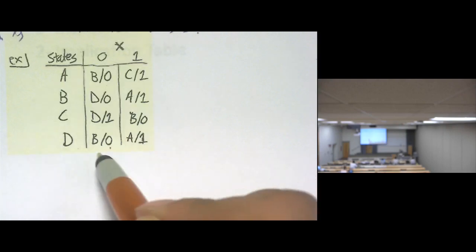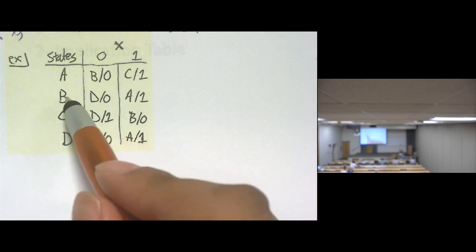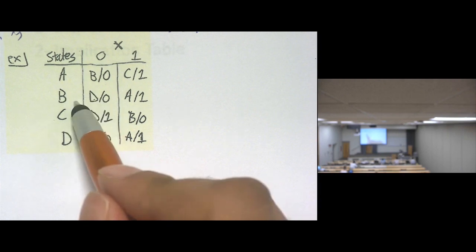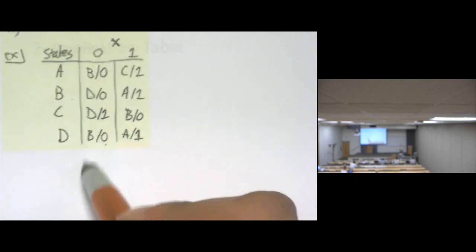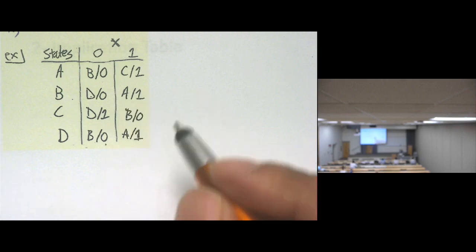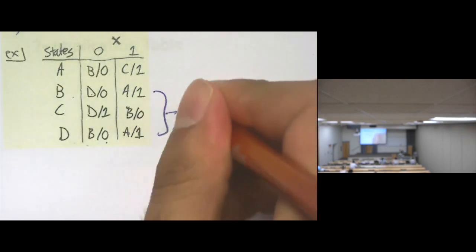Let's look at B and D. So here is A, these are the same. Then the second part, B will go to D. But let's wait. This is not the same as the state itself, but it's the same as the other state. So is it the same as the next state? Is it the same state or the same as the other state? So these are the third option, the third way. Okay? Then we can say these two are equivalent.